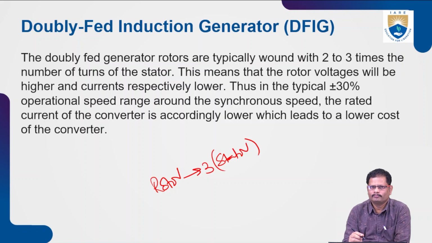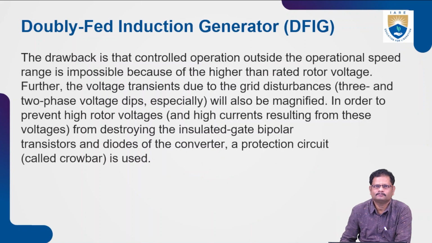So typically plus or minus 30% of operational speed range around the synchronous speed will be possible, and the rated current of the converters is also lower, which leads to a lower cost in the converter.